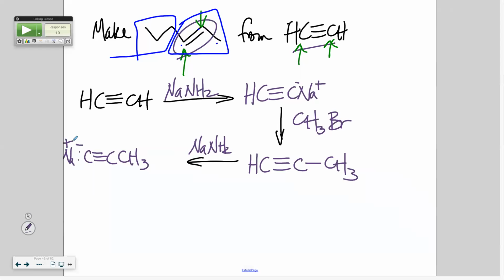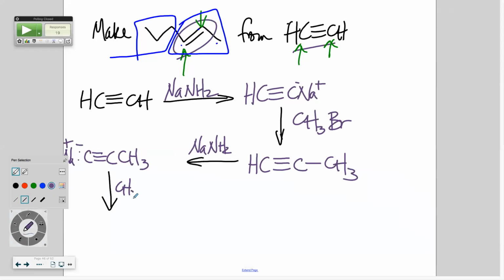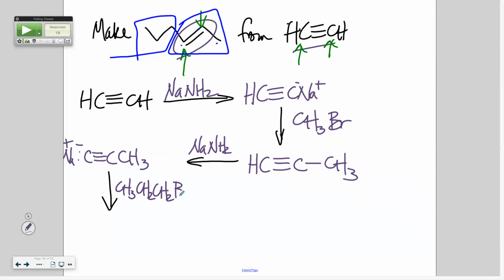Okay, and then what are we going to add now? Are you following? Propyl bromide. We did that in another problem. 1, 2, 3.